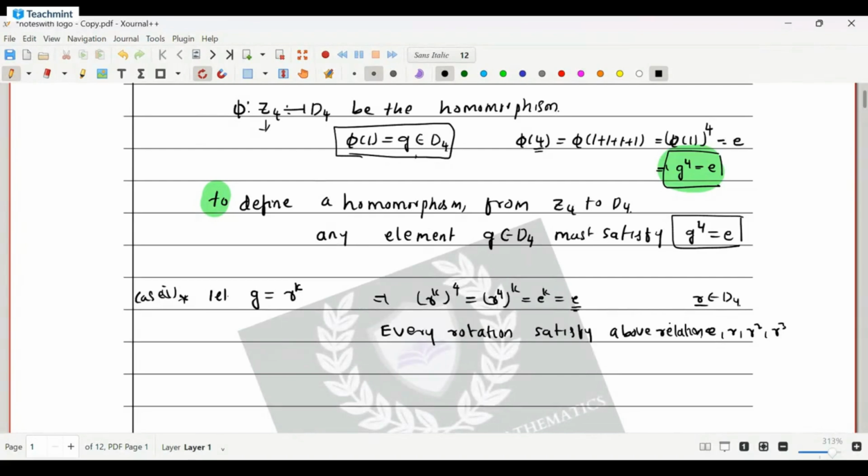So ఎన్ని ఉన్నాయి సార్ అలాంటి ఎలిమెంట్స్? K is equal to 0 to 3 వరకు. Therefore G is equal to identity, R, R square and R cube. ఈ 4 చాయిసెస్ ఉన్నాయి.